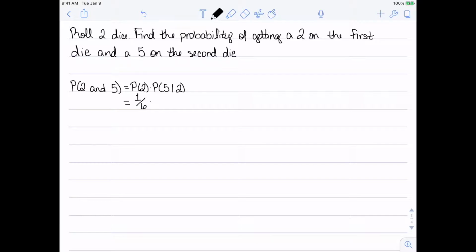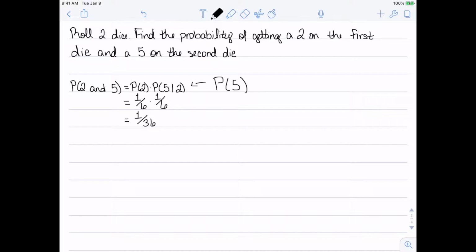For the second piece, essentially we know we rolled a 2 on the first die, so what's the probability of now getting a 5? Well, these events are independent. The fact that we rolled a 2 on the first die has zero influence on the second die, so it would still just be 1/6. So essentially when our events are independent, when the probability of one does not affect the other, this last probability here is really just the probability of event B, the probability of rolling a 5 in this case.